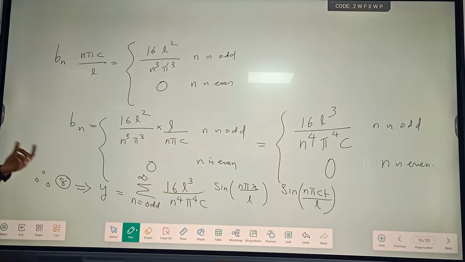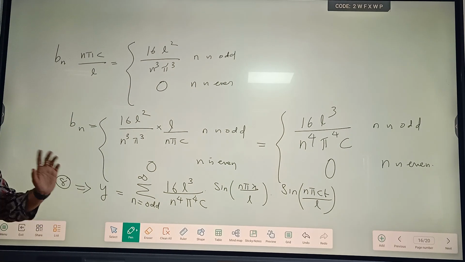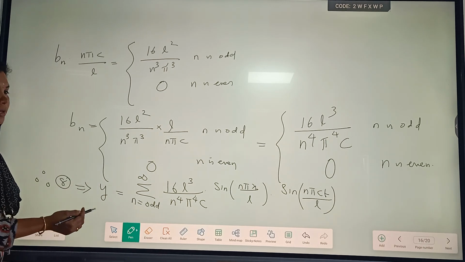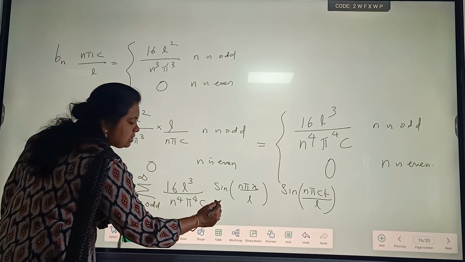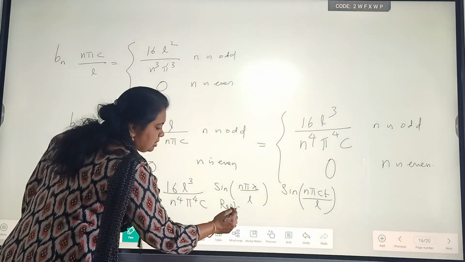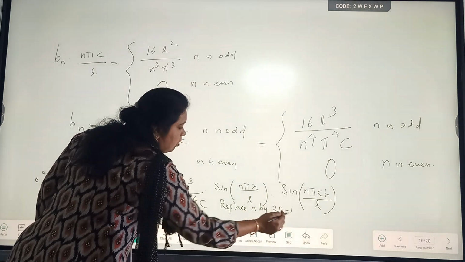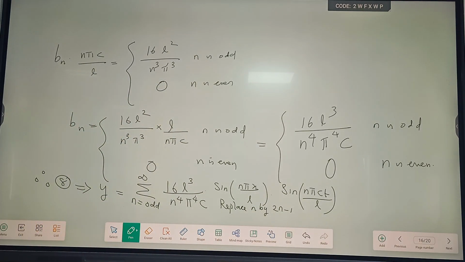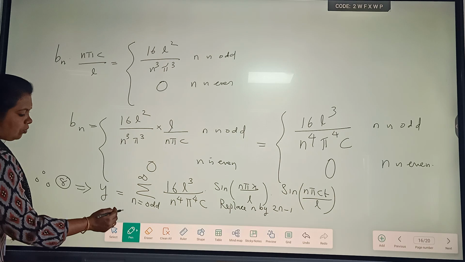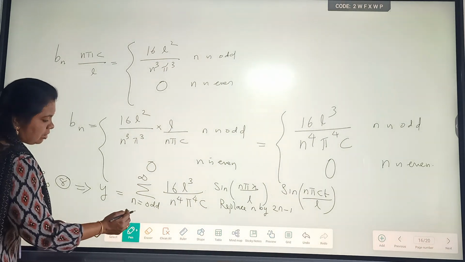But the correct solution is 1 to infinity, not odd to infinity. So what will you do? If you want to get 1 to infinity, what will you replace? Replace n by 2n minus 1. Therefore, what is our solution right now?